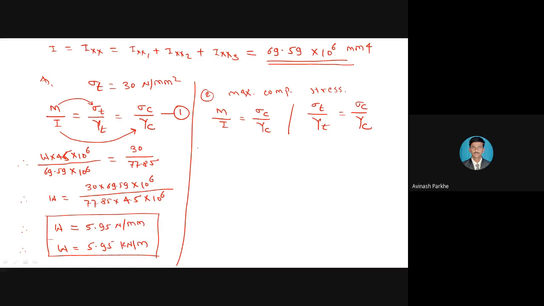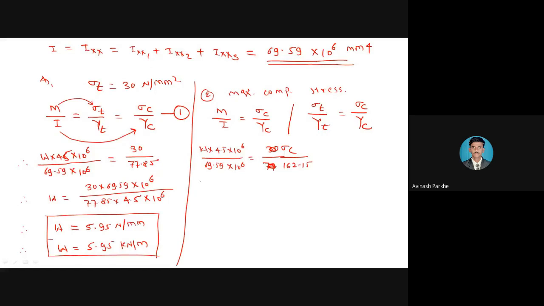Now let us see here, that is W into 4.5 into 10 raised to 6 divided by I, 69.59 into 10 raised to 6, equal to sigma c, which we have to calculate, divided by yc, which we have calculated as 162.15.